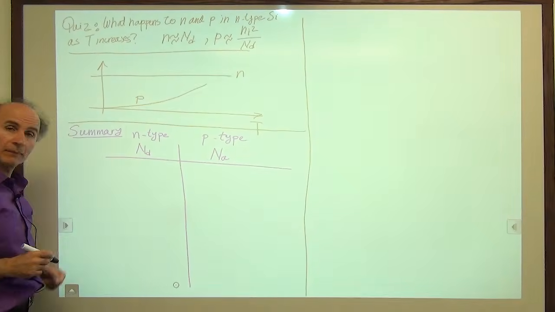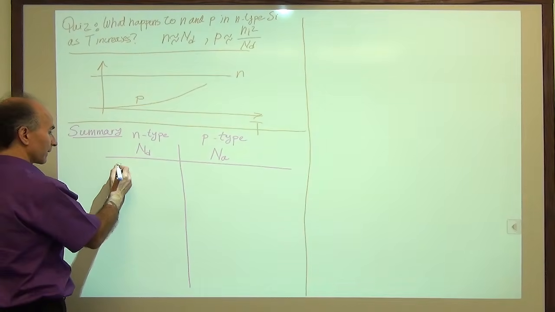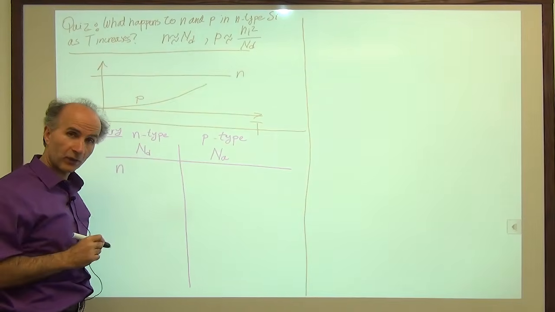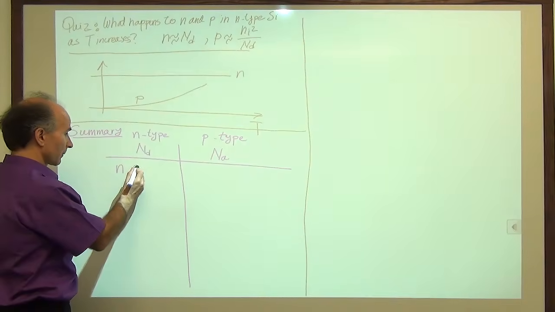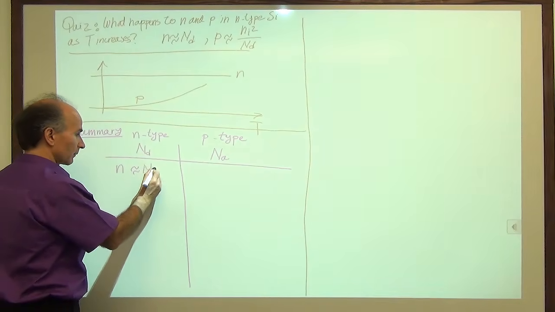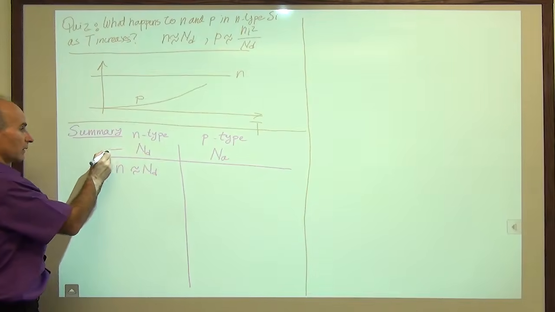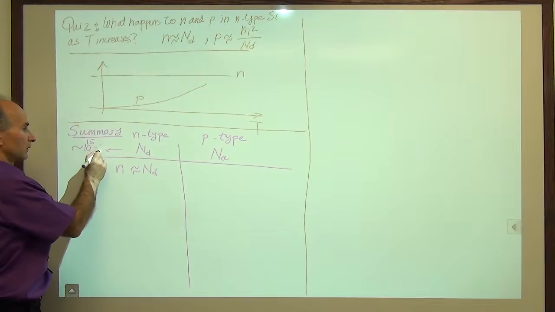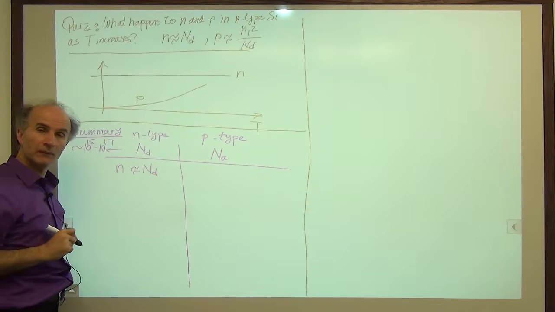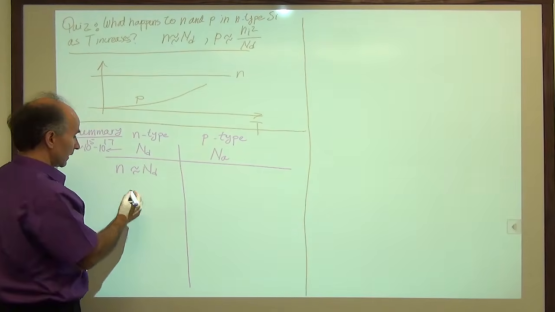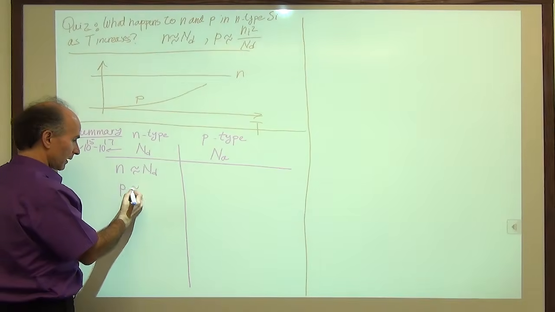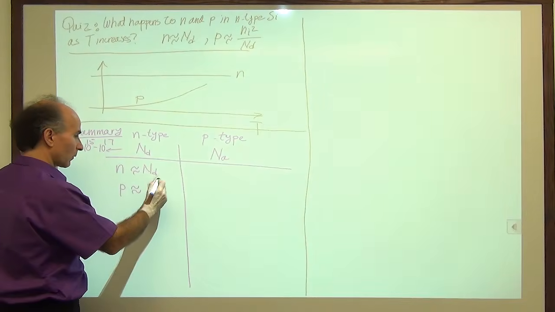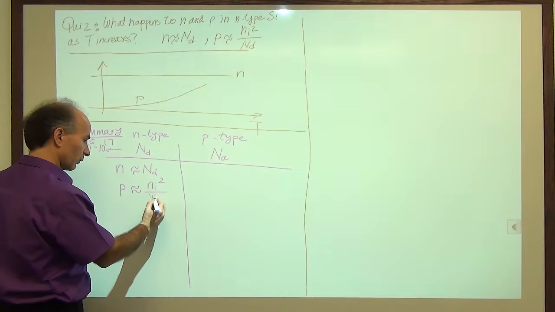All right, so in an N-type material, we saw that N, the density of free electrons available for current conduction, is approximately equal to Nd, because Nd is typically large. So these are on the order of 10 to the 15 to 10 to the 17, whereas the number of holes is approximately equal to Ni squared over Nd.